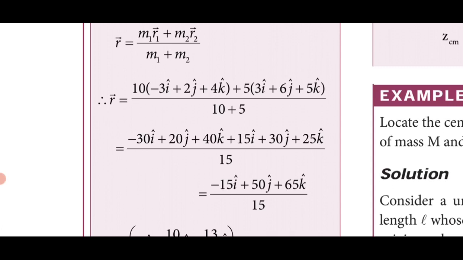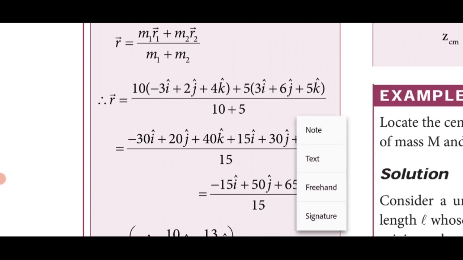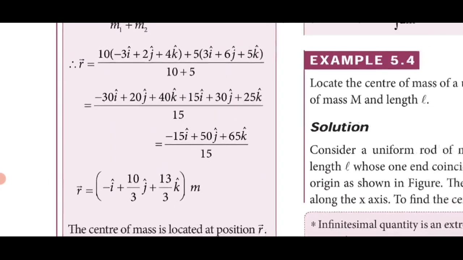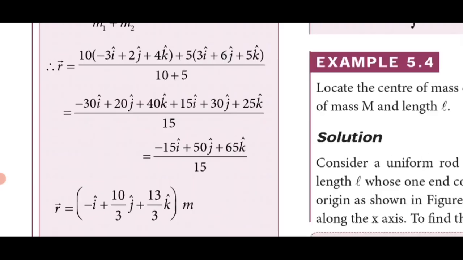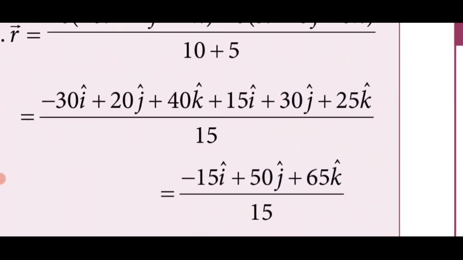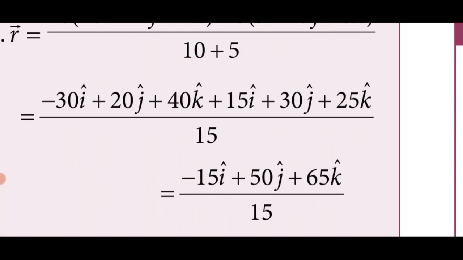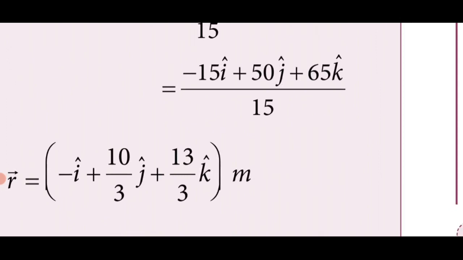All these values we are going to write on the numerator side, and in the denominator it is 5 plus 10, that is 15. And what is the i part here? Minus 30 i, and this side it is plus 15 i. So minus 30 plus 15 is equal to minus 15 i, plus 20 plus 30 is equal to 50 j, 40 plus 25 is 65 k, all by 15.